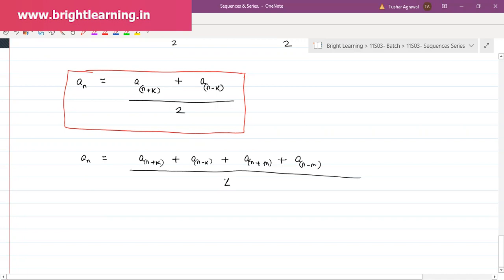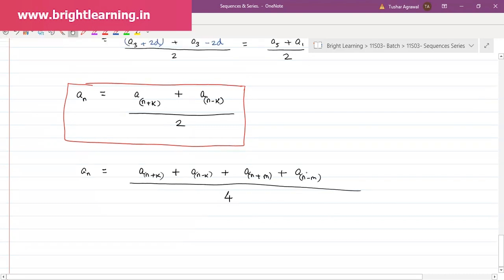Means what? You have taken these two, AN plus K and AN minus K. These two are brothers, they form a pair, the equidistant terms from the Nth term. N plus M, N minus M, these two terms are brothers, equidistant terms from AN. So from AN, let's say the next term and previous term you added, that will be 2 times AN.